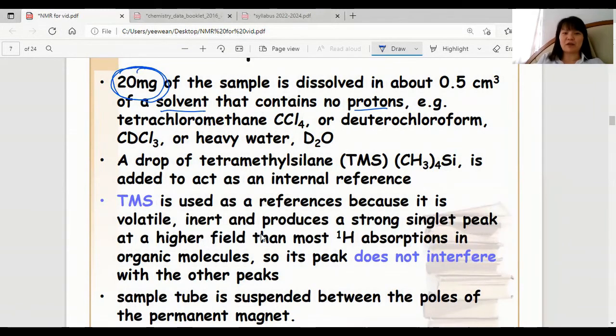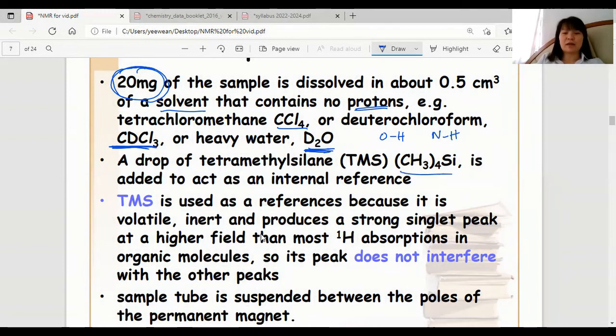Okay, so what kind of solvent has no protons? For example, CCl4 or CDCl3. Sometimes they use heavy water, but if they use heavy water, all your OH peaks won't be there, and all your NH peaks won't be there. Then a drop of tetramethylsilane, that's the TMS, will give you your 0 peak, your reference peak.